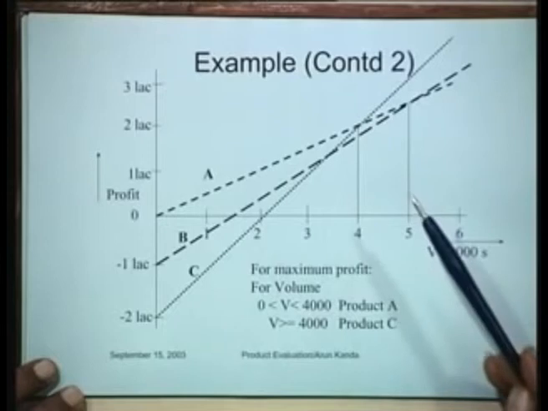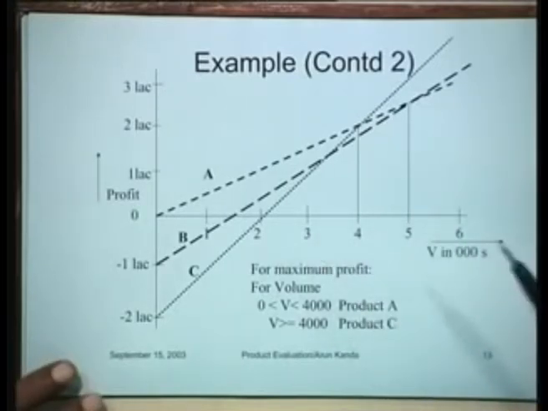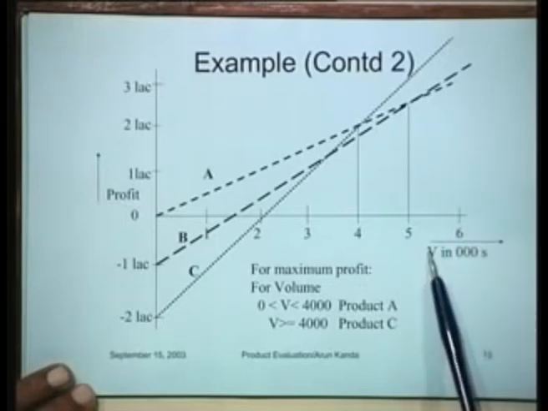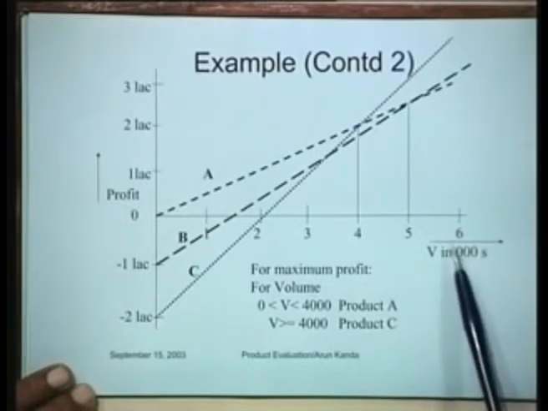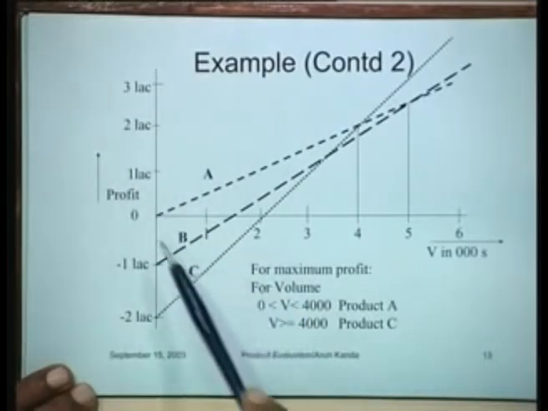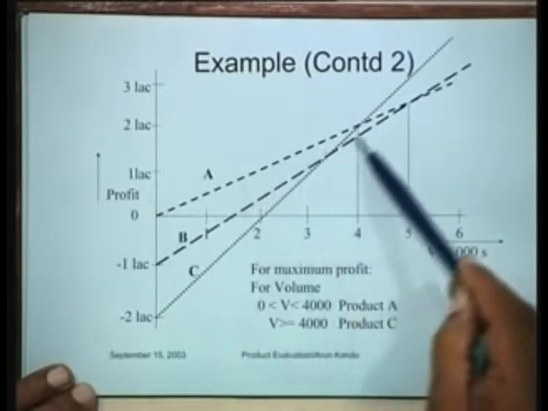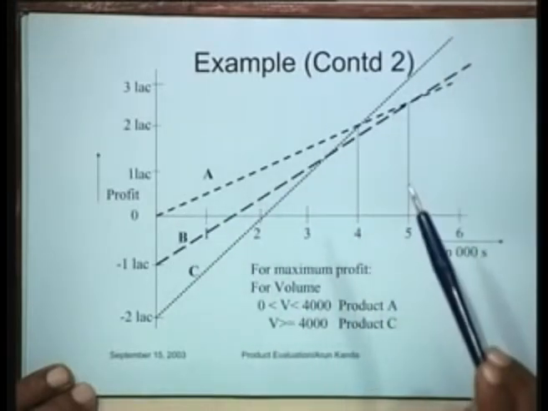And this is now our objective. What is our overall objective? If this is the volume of sales in thousands of units, and these are profits, we want to maximize the profit. That means we want to take the topmost envelope of these curves, which will maximize the profit function.